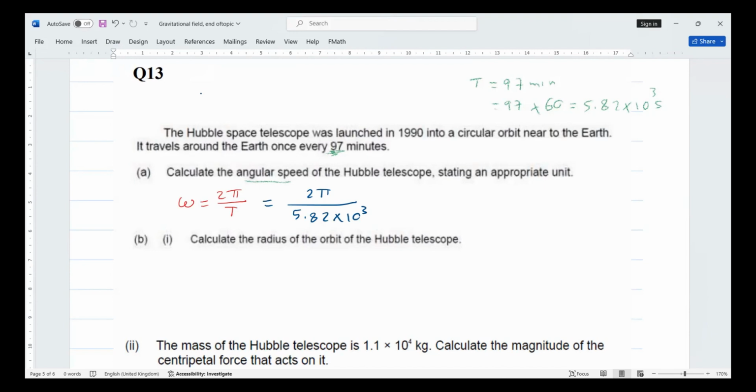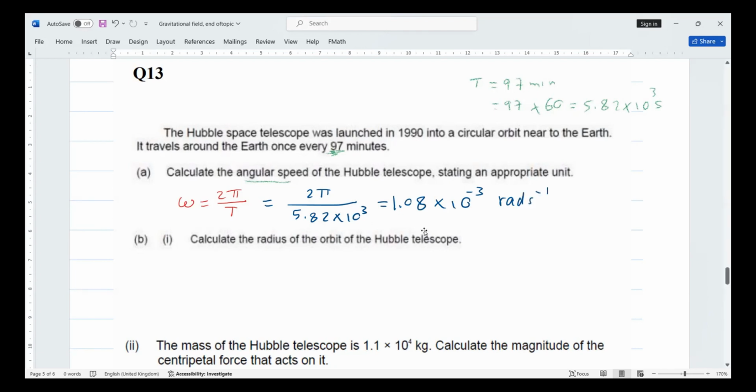Now 2 pi divided by the answer is 1.08 multiply 10 to the power negative 3. The unit is radian per second.